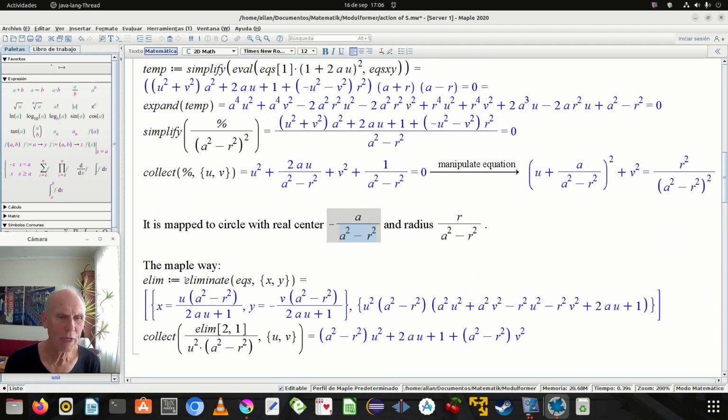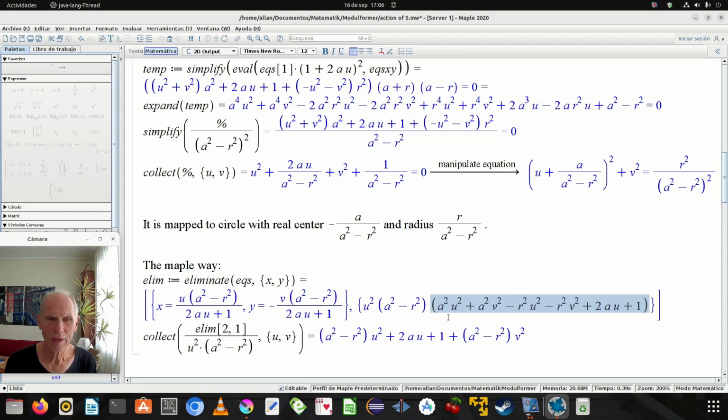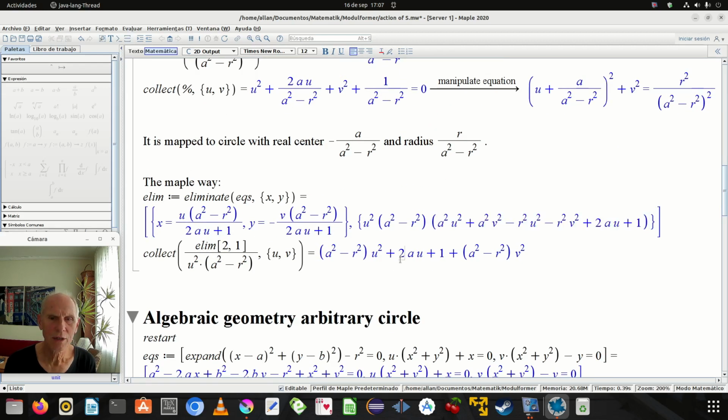And then the Maple way, I write up the equations and then eliminate x and y. Maple can do that. And then we get this, and I should actually just operate on it to write it in the same way as above.